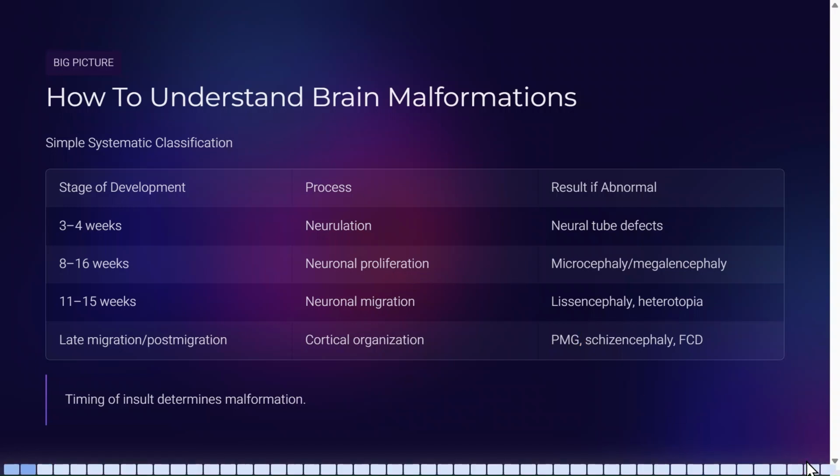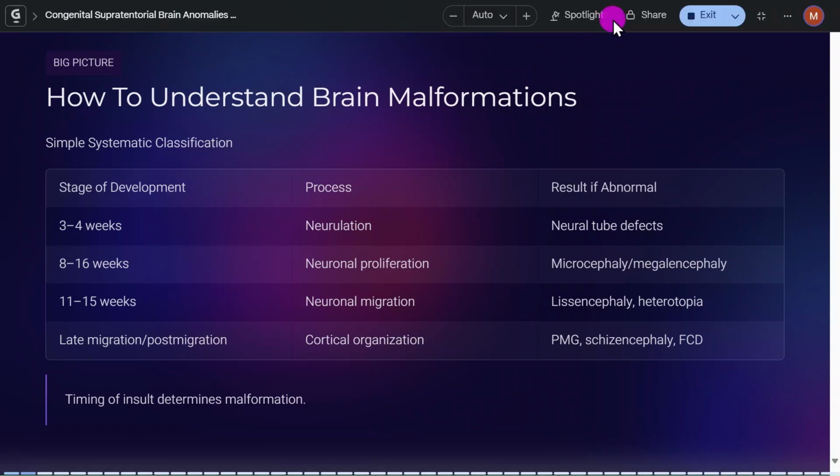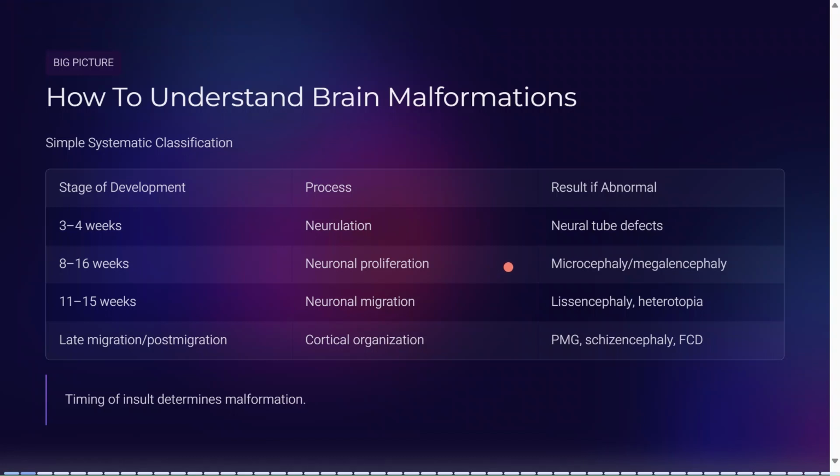Then at 11 to 15 weeks, neurons start to migrate upward or outward. If there is any insult at that time, it disrupts neuronal migration, and that is when we have Lissencephalies or heterotopias that we will be discussing today.